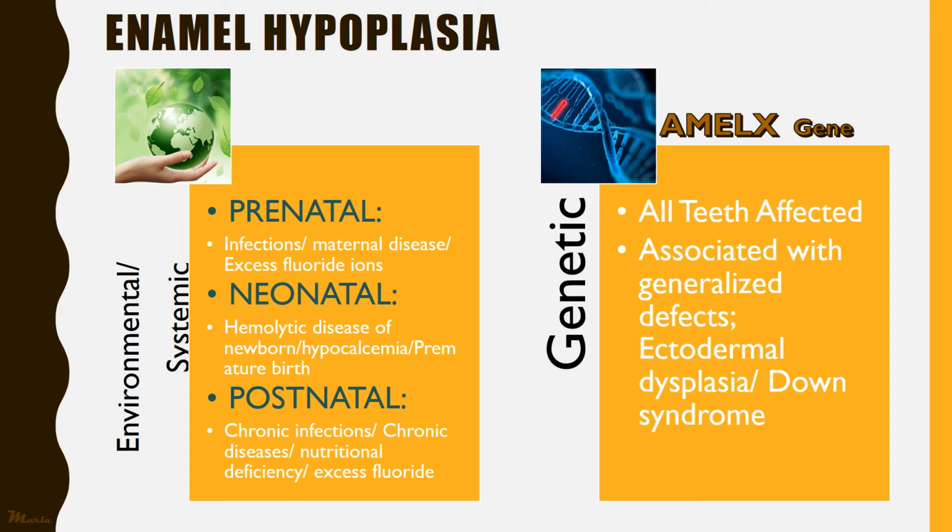Prenatal forms generally are due to infections or any maternal disease or due to excess fluoride ions in drinking water. The most common cause for the neonatal form of enamel hypoplasia is the hemolytic disease of newborn. It can also be because of deficiency of calcium or premature birth.